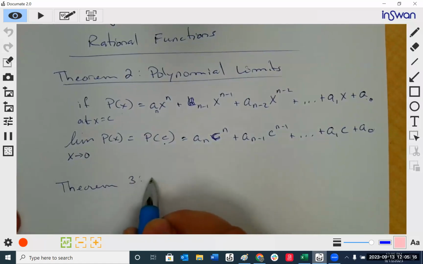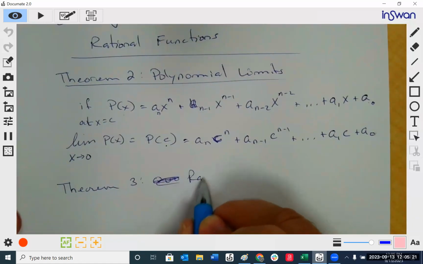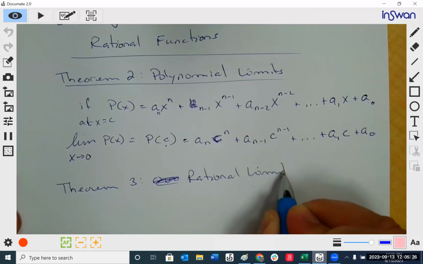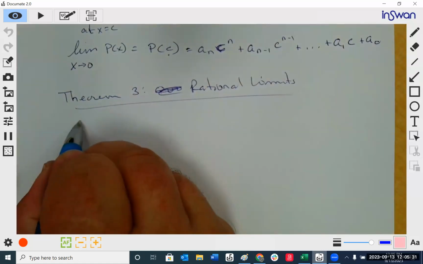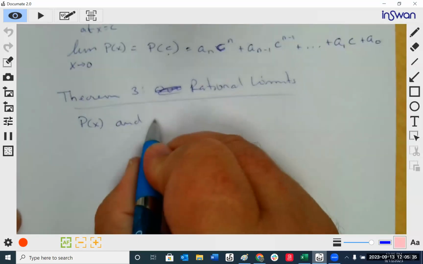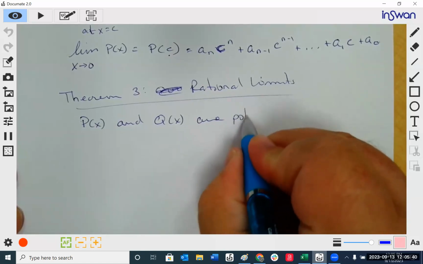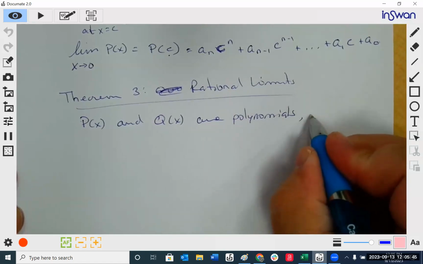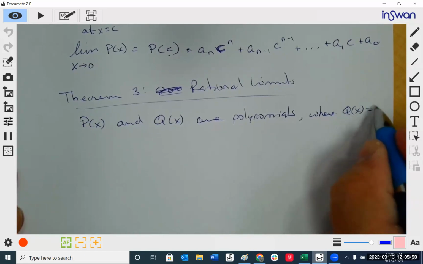Theorem 3 is the rational limits, or limits of rational functions. P of X and Q of X are polynomials, where Q of X does not equal 0.